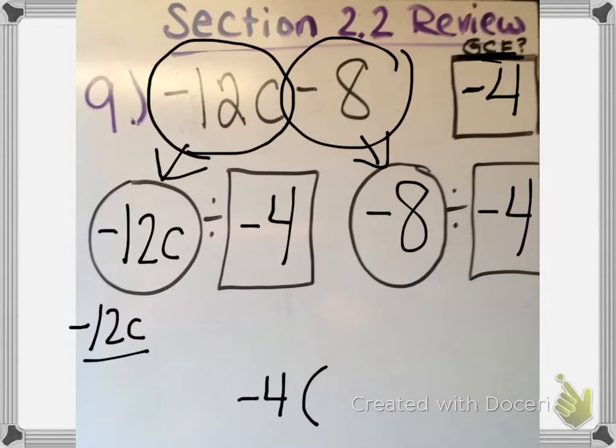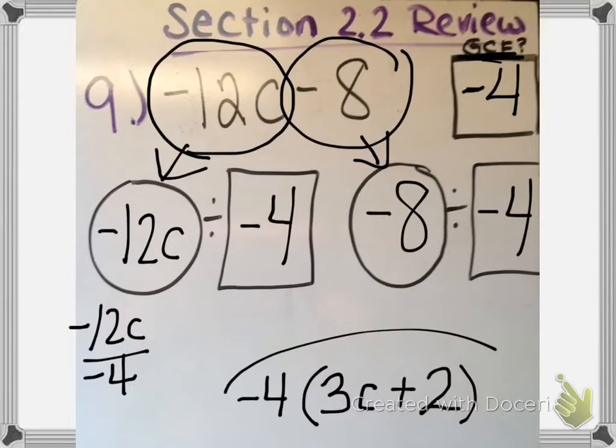Negative 12c divided by negative 4, a negative divided by a negative means it's a positive. 12 divided by 4 is 3, so our first term answer is 3c. A negative 8 divided by a negative 4 is a positive, since they were both negatives, and 8 divided by 4 is 2. So your answer is negative 4 times the quantity of 3c plus 2.